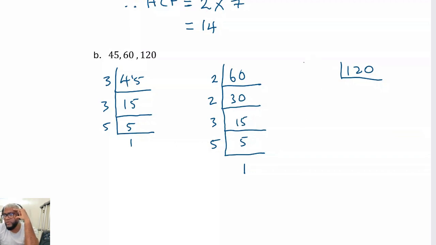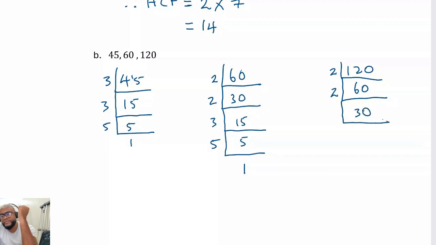Then what do we do here, Makai? What's the first prime number that could go into 120? 2. Right, so 2 into 120 is? 60. And 2 into 60 is 30.